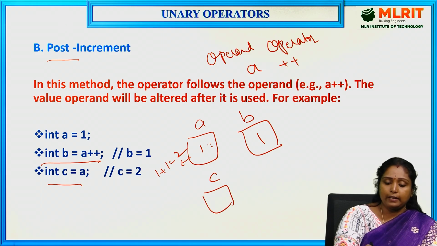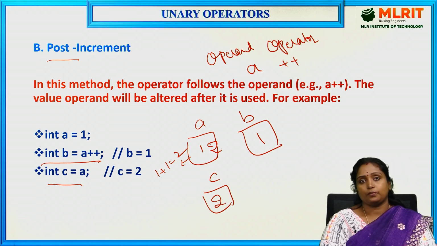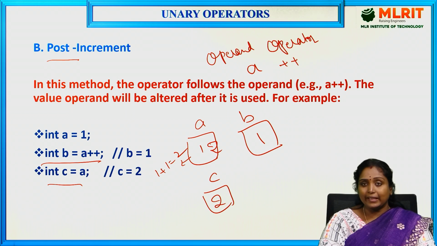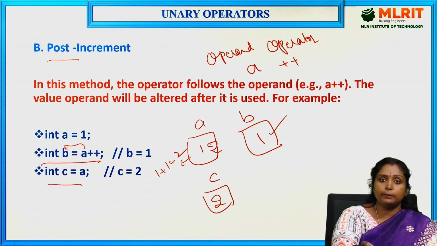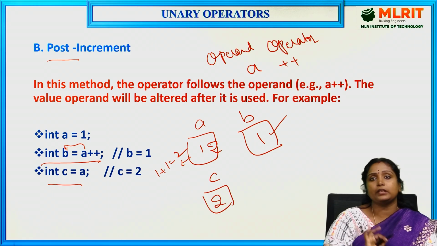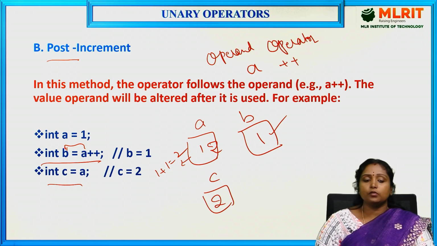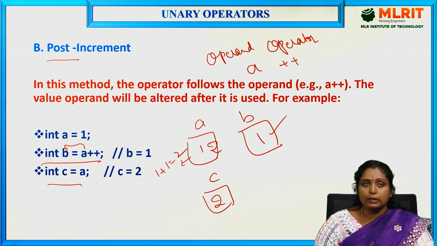Now the a value is 2 and the b value is 1. So first it saves the value in b, then it is incremented by 1 and saved in a. This is the post-increment operator.